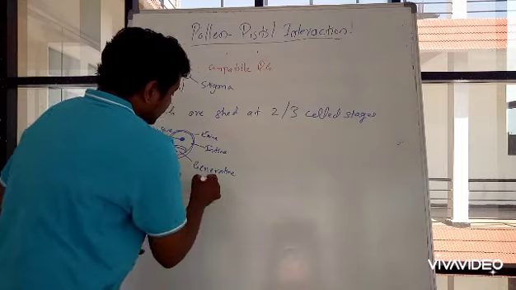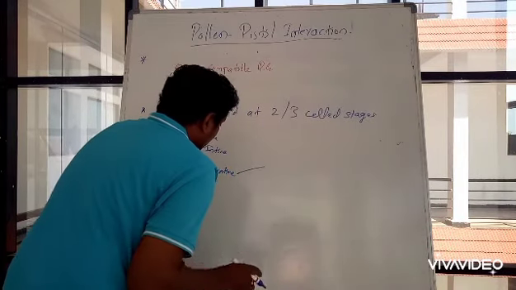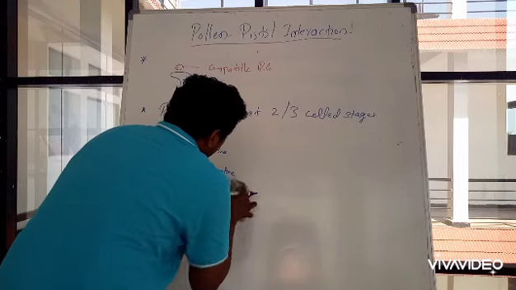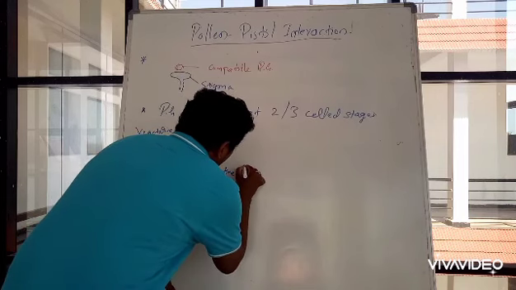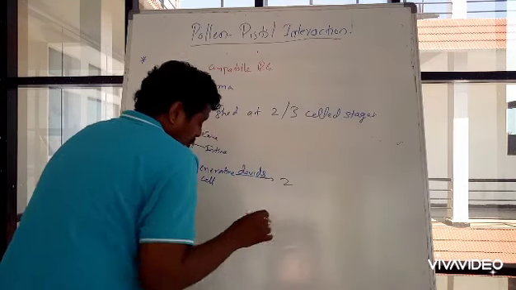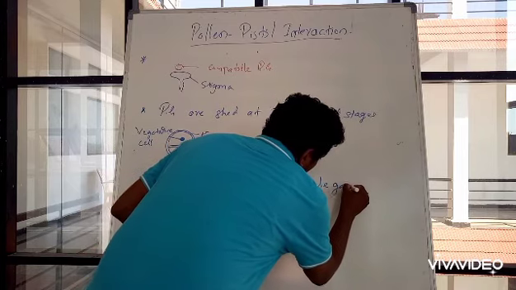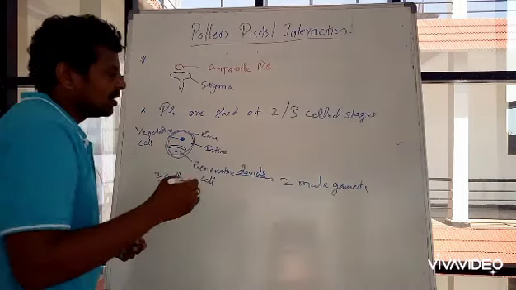This generative cell divides, giving 2 male gametes. Got it?